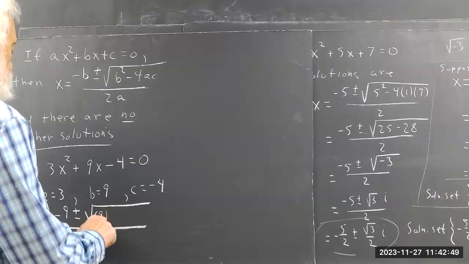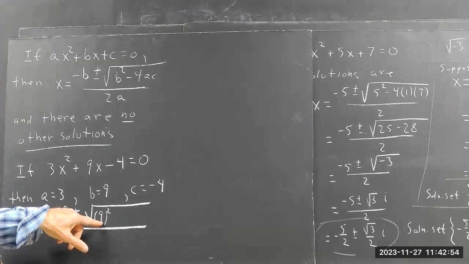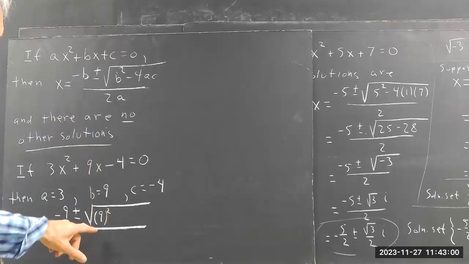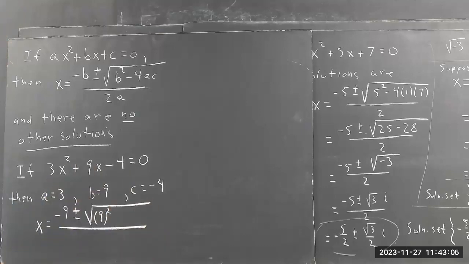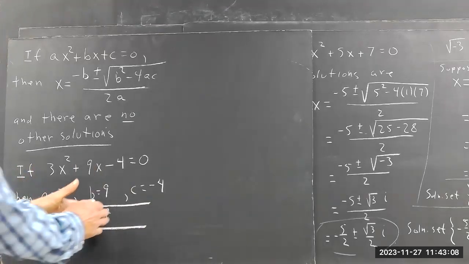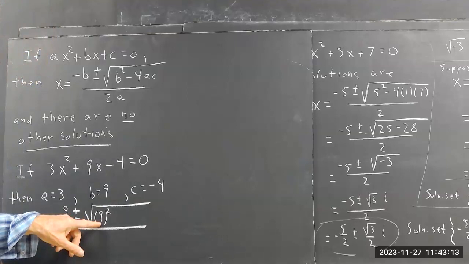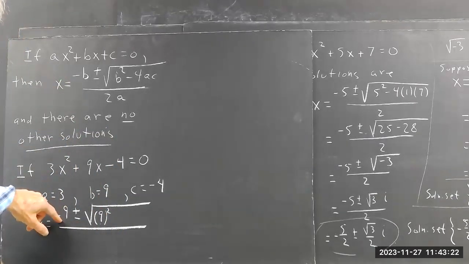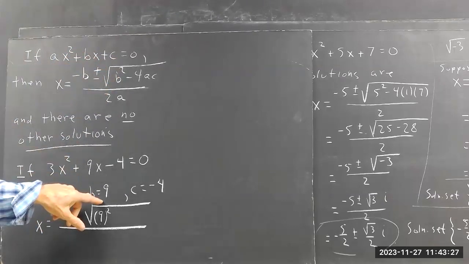Now, I'm going to recommend that you put parentheses around what you're squaring, because if b happened to be -9, you would write -9 squared without the parentheses, and you'd end up with the wrong answer. So I say always put parentheses around the thing you're squaring here. Even though it's not necessary when you're doing 9, it is necessary if you were doing -9. Now remember, this b has a negative on it, and this b is squared, and there's no negative involved, unless b itself has a negative.